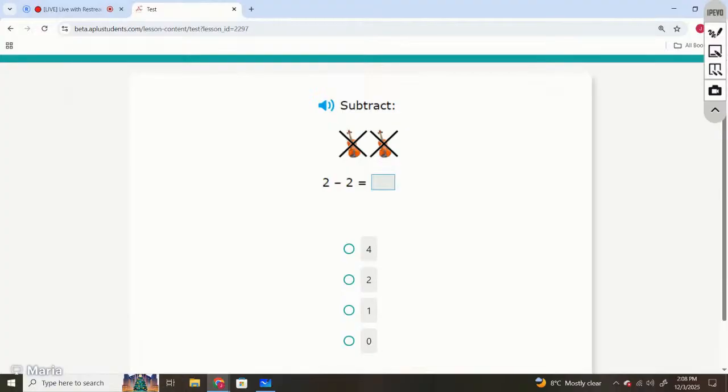2 take away 2. So you have total 2. So 2 take away 2 means you need to cross them out.